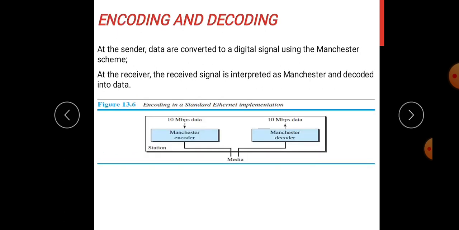All standard implementations use digital signaling, that is baseband at 10 Mbps. At the sender, the data are converted into a digital signal using the Manchester scheme. And again, at the receiver, the signal is interpreted as Manchester and decoded into the data. This figure will show that.